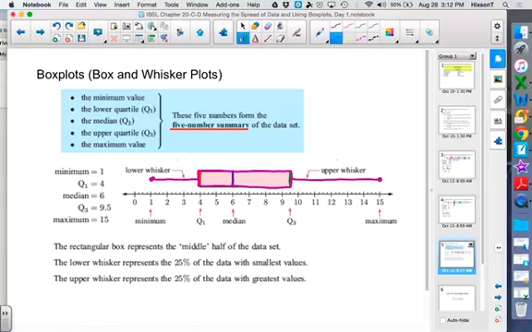Now, the one thing this won't tell us is exactly how they're spread out. Because the reality is we could have most of the top 25% all be in the 10 or 11 range, and then just one guy up there at 15. So we can't tell exactly how spread out it is, but we can tell that the top 25% does have a wider spread than the bottom 25%.